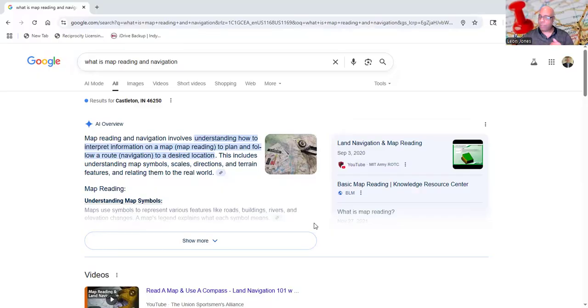And once again, when we deal with map reading, we're basically talking about understanding how to interpret information on a map, to plan and follow a route to a desired location. This includes understanding map symbols, scales, directions, and terrain features as we relate them to the real world.